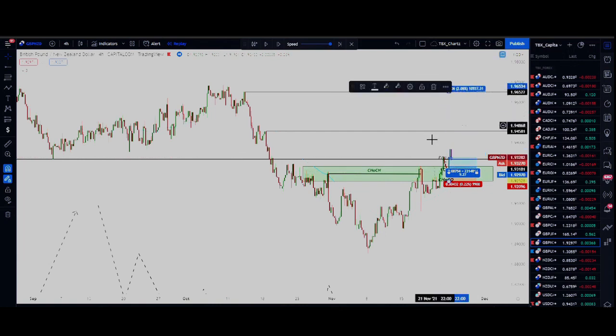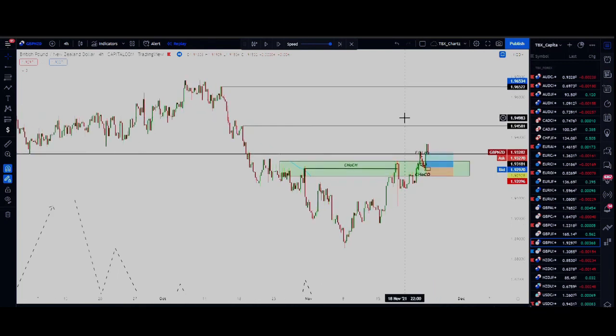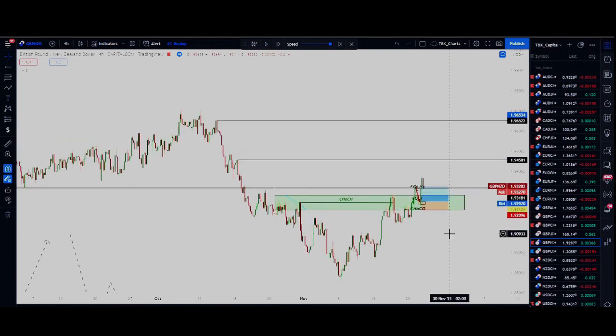But because I'm not 100% sure that price is going to get to this area over here, that's the reason why you can see me scaling take profits. So even though I missed this one right here, I won't miss this one right here. So I hope you guys understand what I'm trying to do right here.